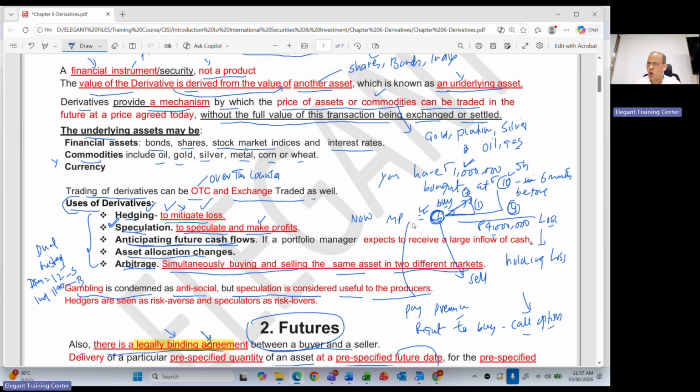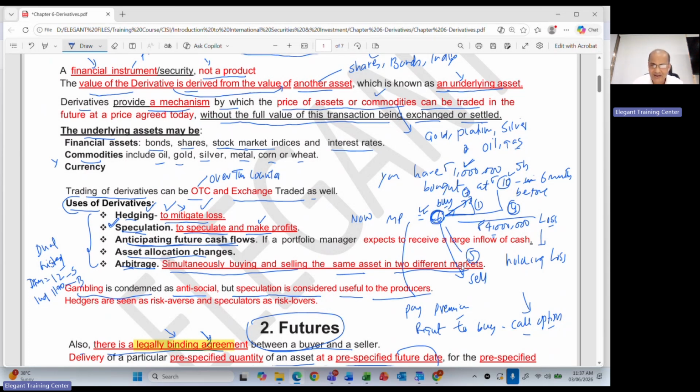If you feel no, I don't want to take, the price is not good, let's say the price has come down to 5, you can say I don't want. So options give you choices, not obligations. Options give you rights, the right to buy, the right to sell. But future contracts are obligatory. In a future contract, you have to deliver, you have to purchase, right?